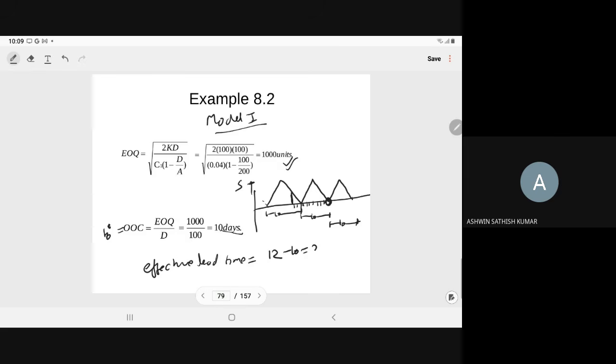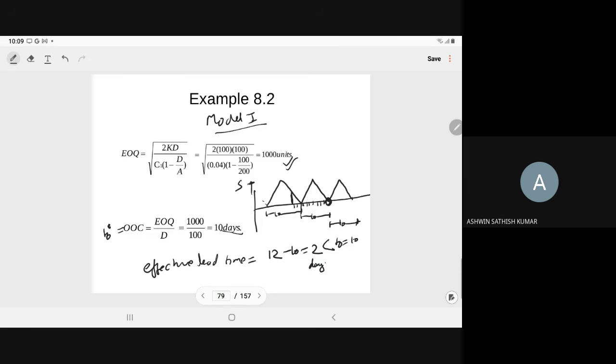So always we consider the lead time must be less than the T naught, that is 10. So when the lead time is more than the reorder cycle or optimum order cycle or the T naught, then take the difference 12 minus 10, right? So 2 days. So it is coming, the lead time is 2 days.